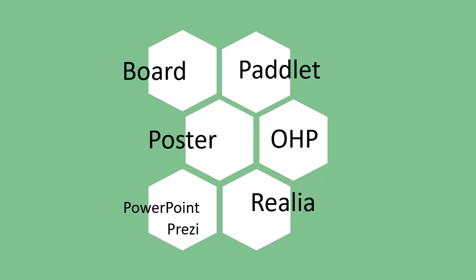Alright, and then we may have also the media of realia. Realia means a representative subject or a sample of the subject of the material. If we want to explain about the human body, then we bring the realia of the human body into the class.